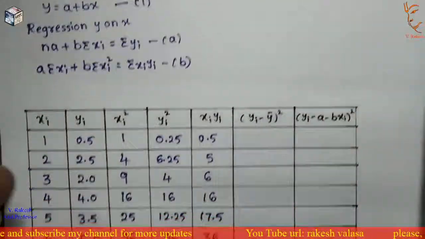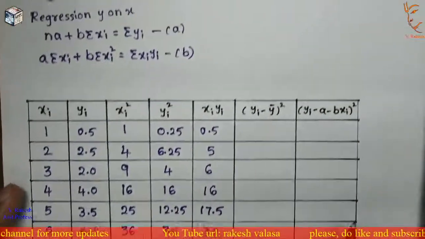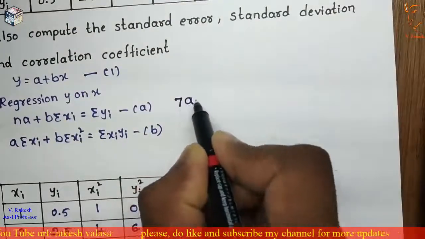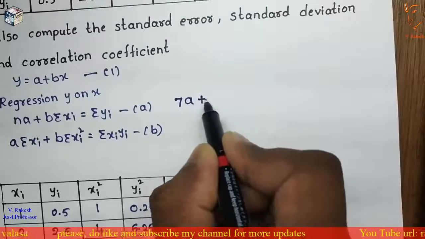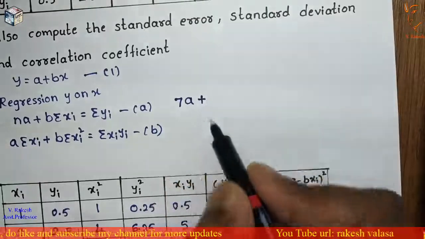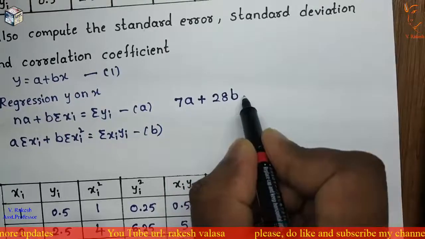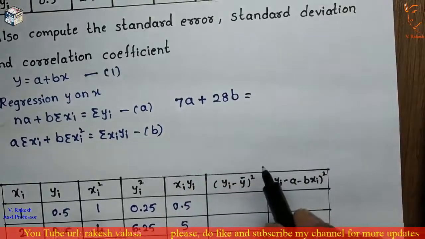N means the number of elements, which is 7. 7a plus summation xi, that means 28b, equal to summation yi, that is 24.